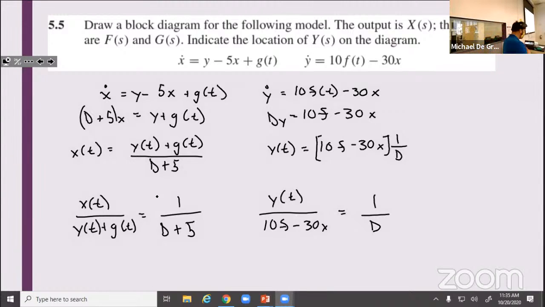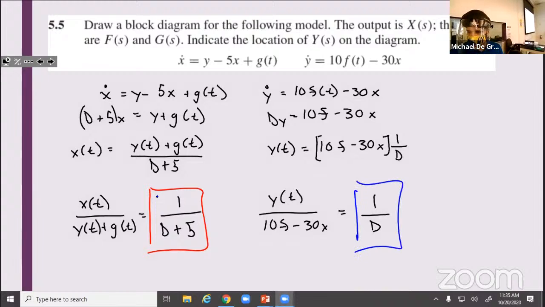Well, we have everything that we actually need to write our block diagram. Let's use red for this one and blue for this one. So where do we want to start?